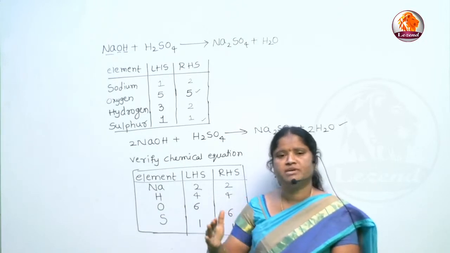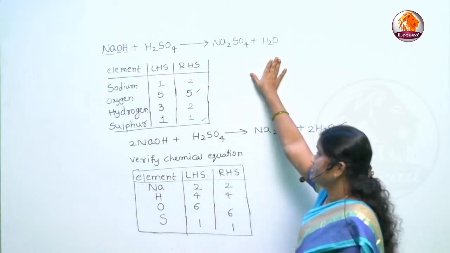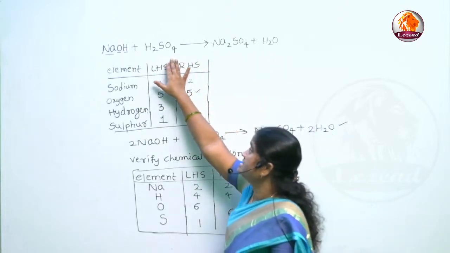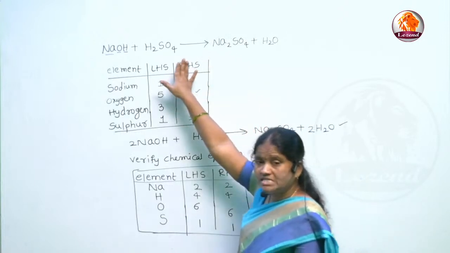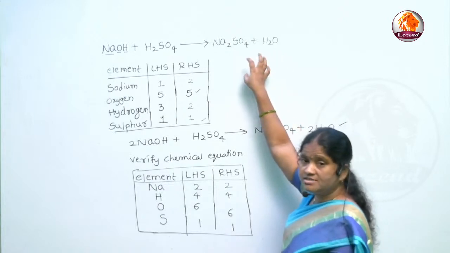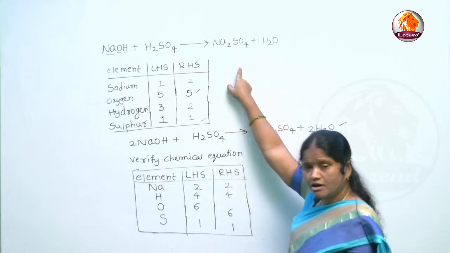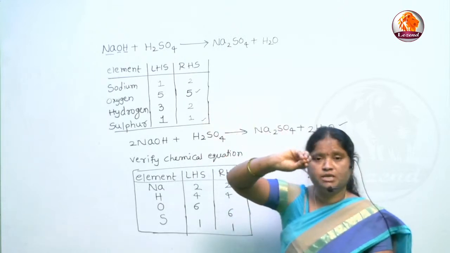Conserved means it remains the same before the chemical reaction and also after the chemical reaction. The mass of the reactants will be conserved during the chemical reaction. That's why the mass of the reactants will become equal to the mass of the products. Because of that reason, based on the law of conservation of mass, we need to balance every given chemical equation.